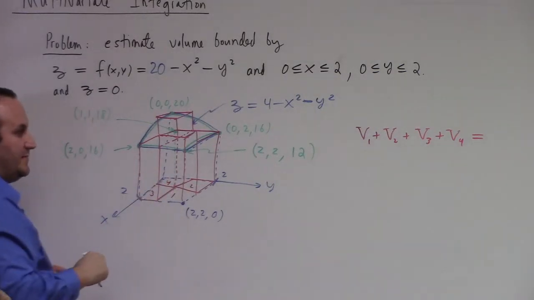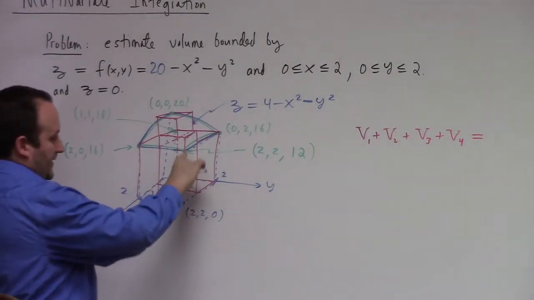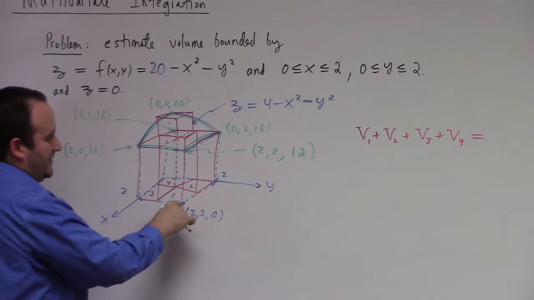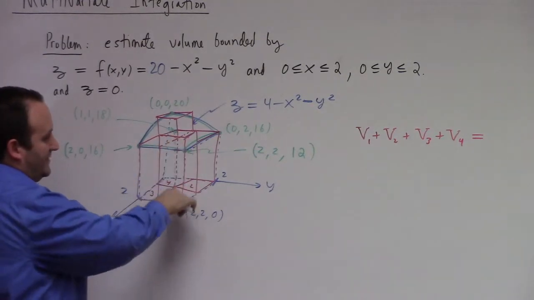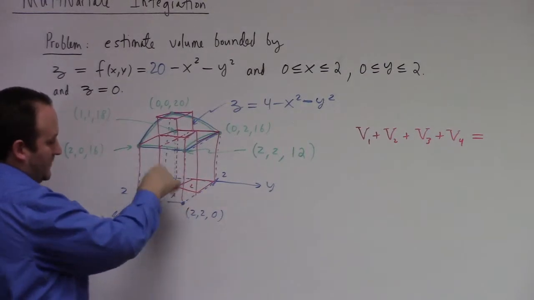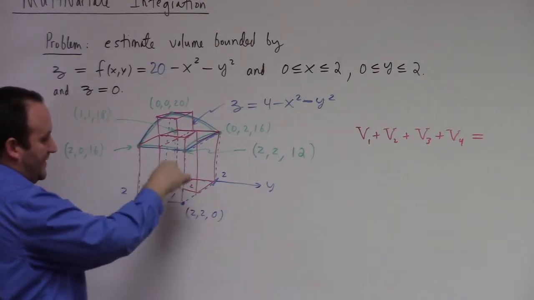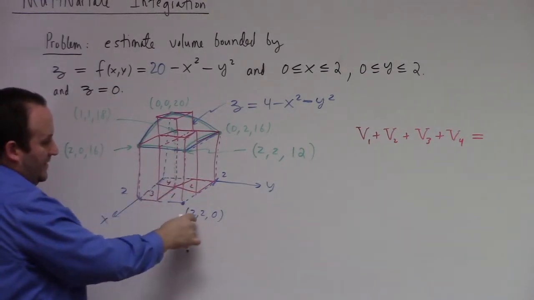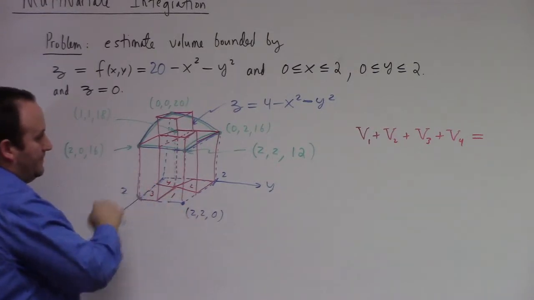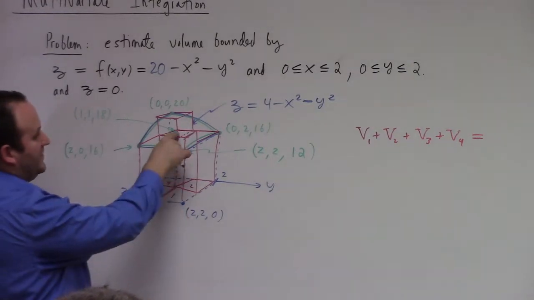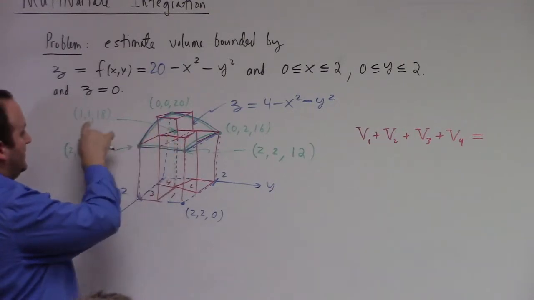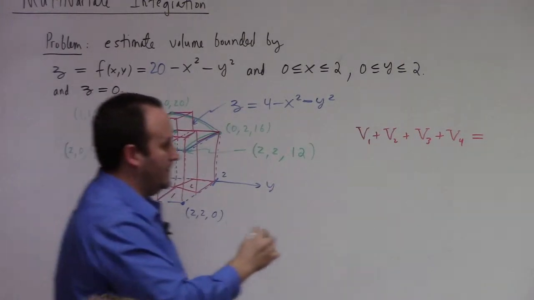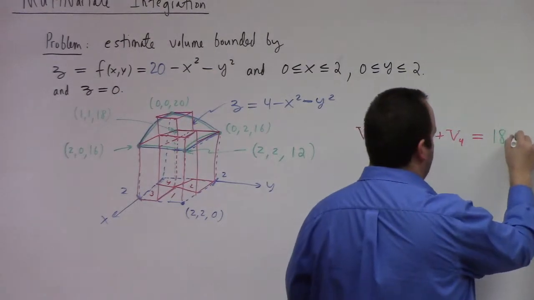I set it up to be 1, right? So the first approximating box, box 1, has area 1 and height what? I use the middle point as its height, right? So 18. So I get 18 plus what?